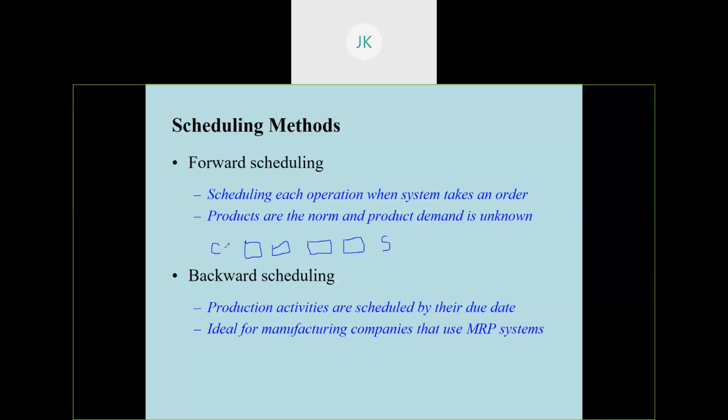When the customer's order is received, this process doesn't have a part, so it asks the upstream work or job for the part.